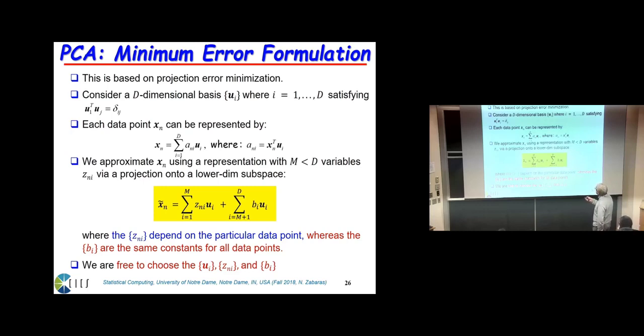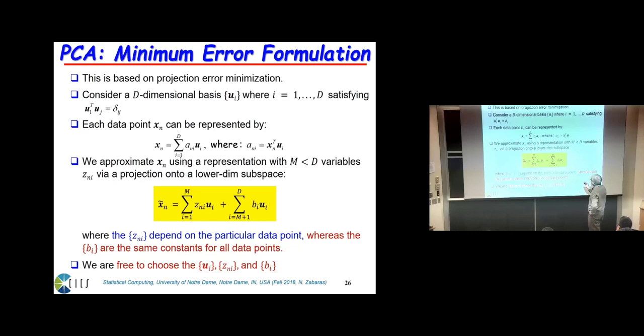We are going to find an approximation in m dimensions, using an expansion like this, but the projection will be only on the first m vectors ui. I still use the same basis, but I'm going to use the first m vectors. You can see now why I call this m-dimensional: you only need the m coefficients to describe what's going on, not d coefficients. That's an easy term.